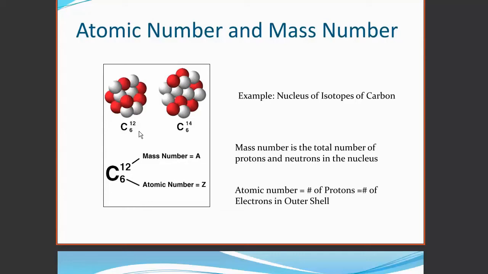The mass of an atom is almost entirely due to the mass of the nucleus. The mass of the electrons is negligible.